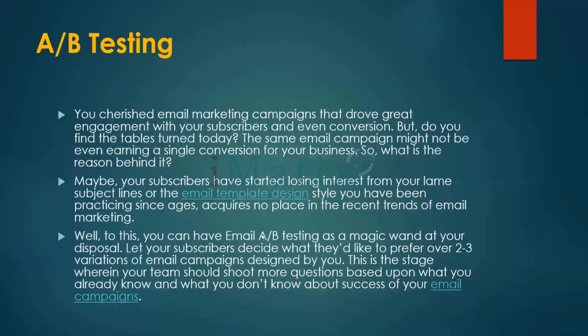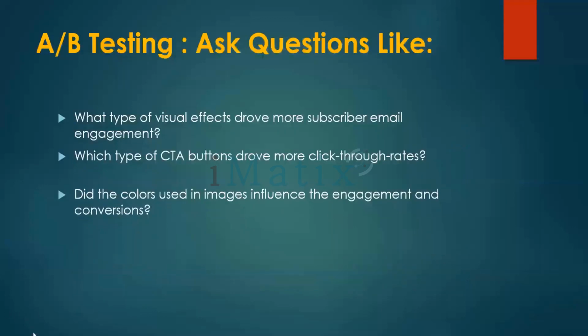This is the concept: you can do an email A/B test. What type of visual effects get more response in subsequent emails, and which kind of visual content draws more attention from your customers?